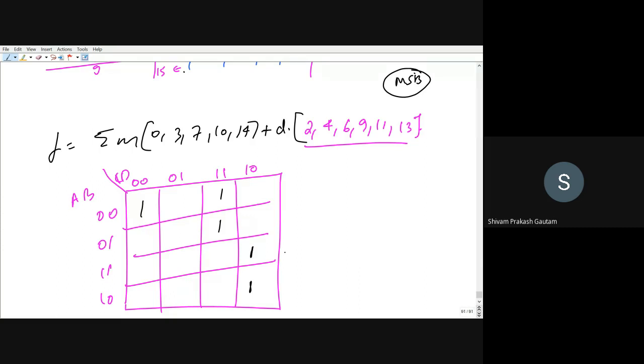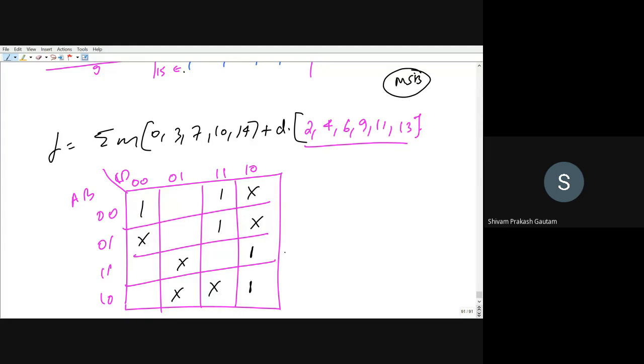Just check if I have made any mistake. Then the don't cares are 2, 4, 6, 9, 11, 12, 13.